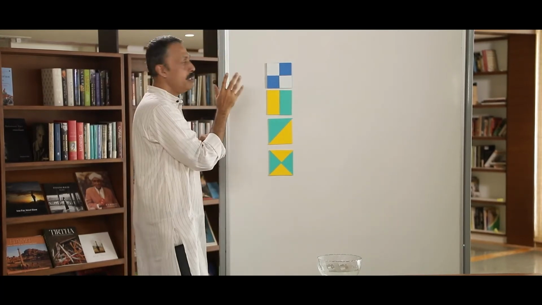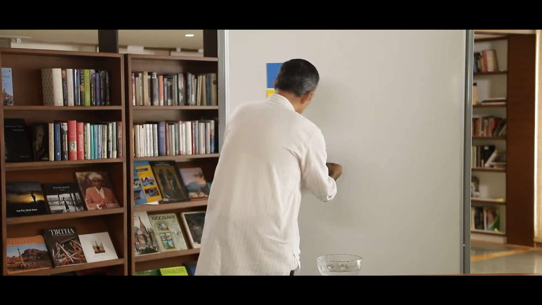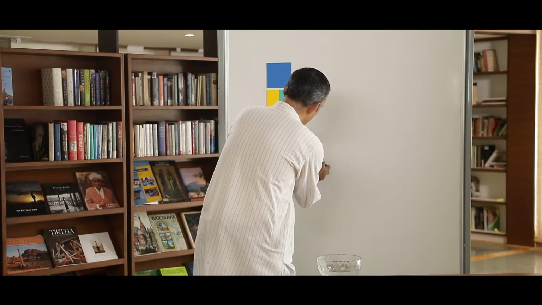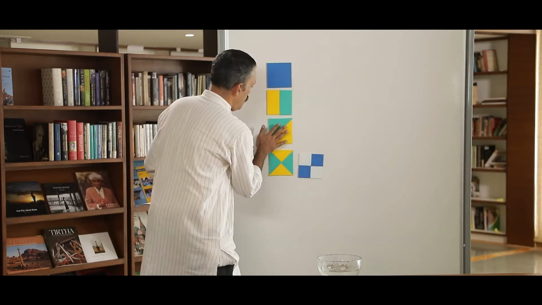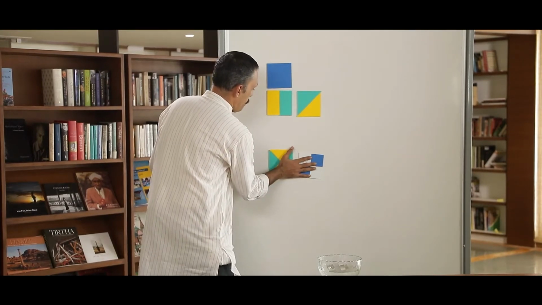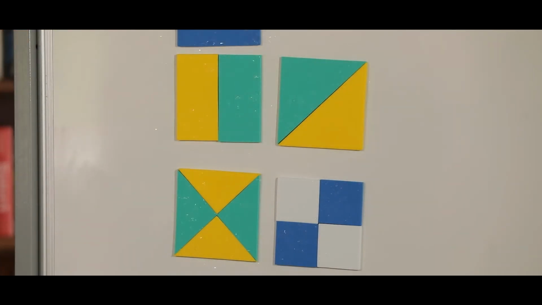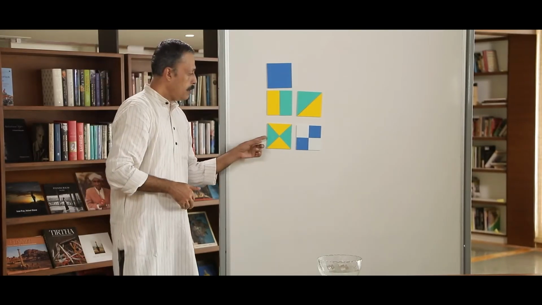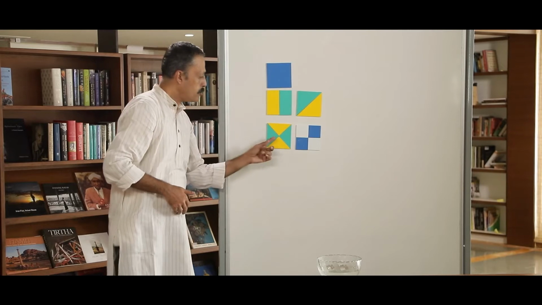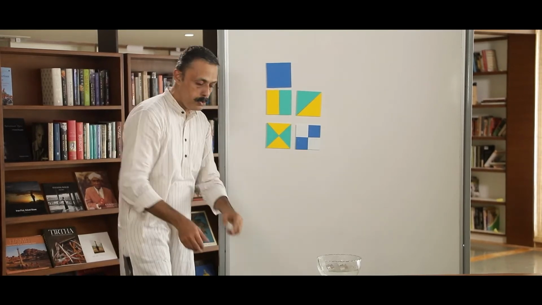These four pieces can be kept here. I'll push it up here. Therefore, the same full object can be cut into four pieces in this way and that way.